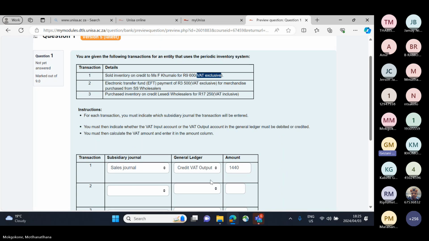I completed my self-assessment yesterday, and then I realized that assessment one had been closed. I wanted to find out if, for people like myself who missed the first assessment, we will be given another chance to write assessment one.